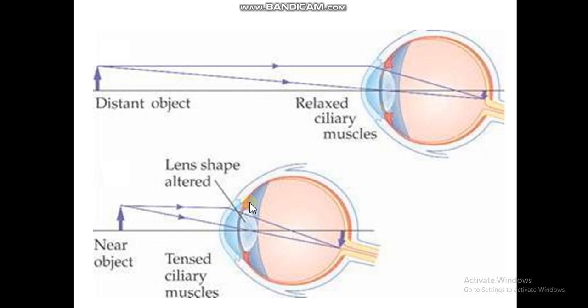So to change the focal length, the ciliary muscles contract and the shape of the lens changes, and the lens focuses on the object and forms the image on the retina. So the focal length of the eye lens changes according to the position of the object, and it is done by the ciliary muscles.